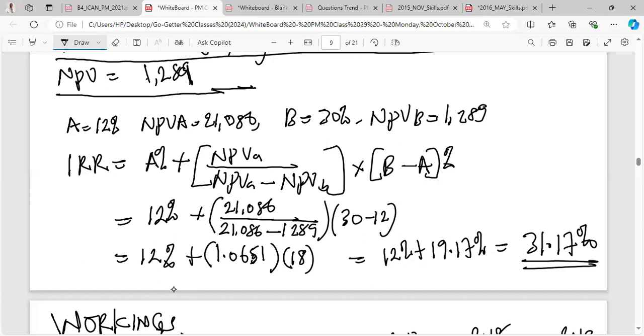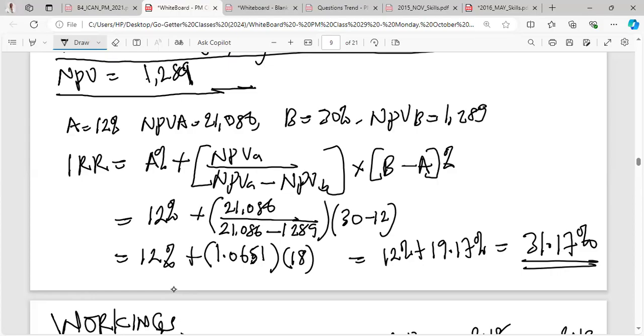IRR is your internal rate of return from this project. Internal rate of return is where your NPV is 0.